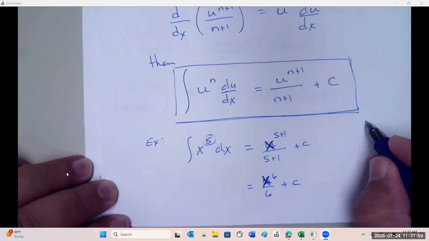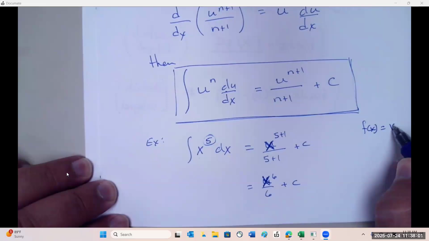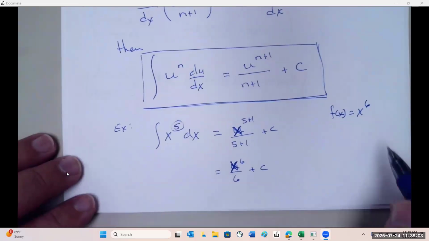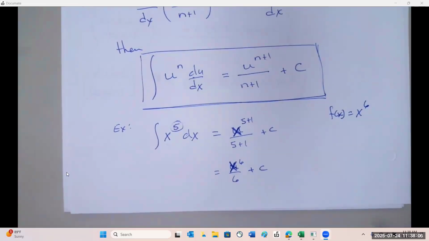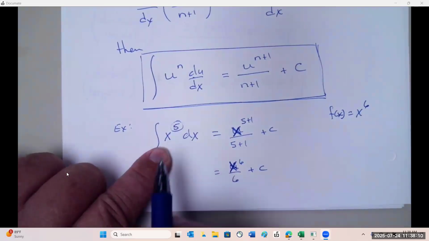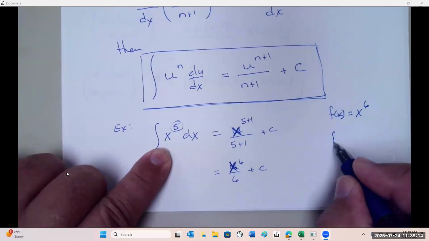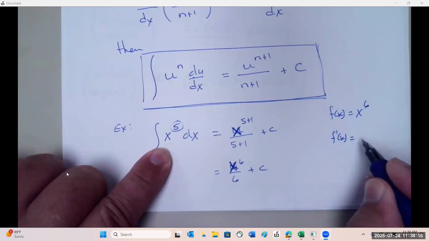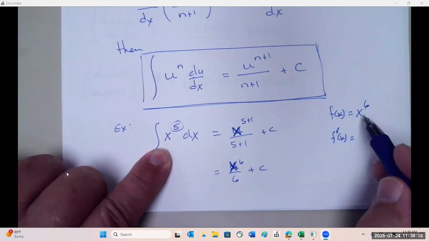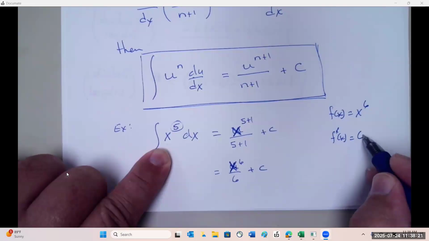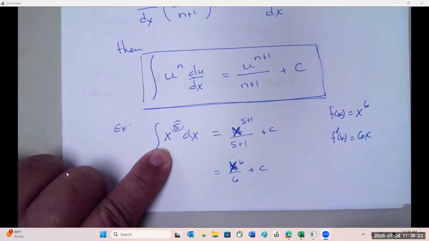Well, if my function was x to the 6th, what would the derivative be? How would I get x to the 5th as my derivative? The derivative of x to the 6th is 6x to the 5th.